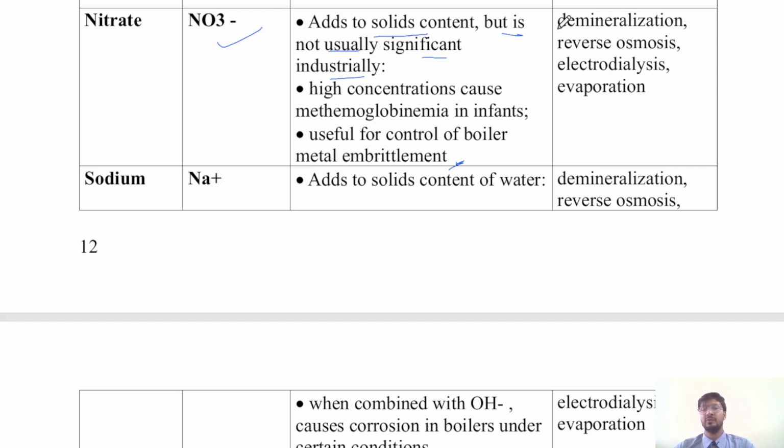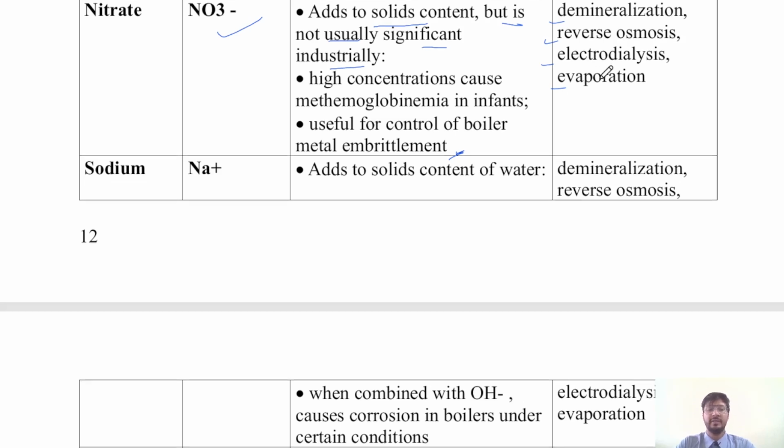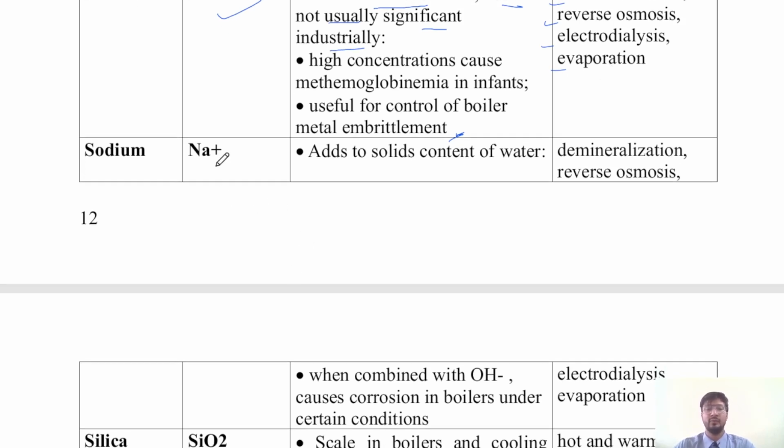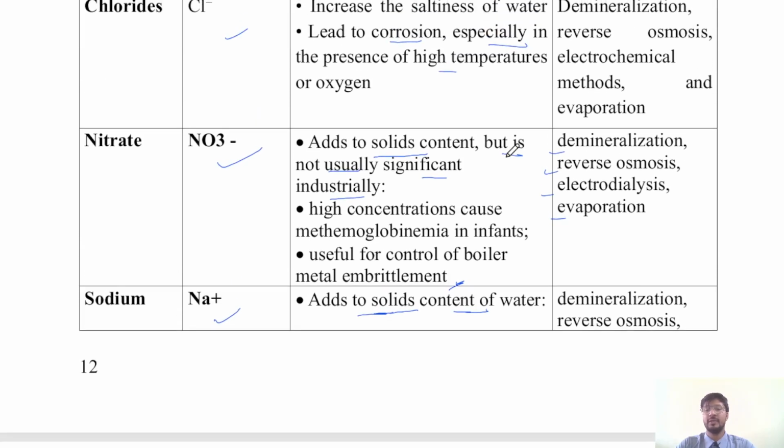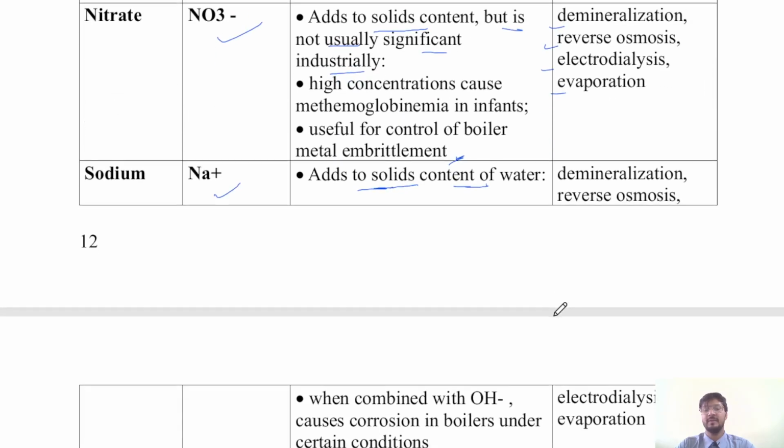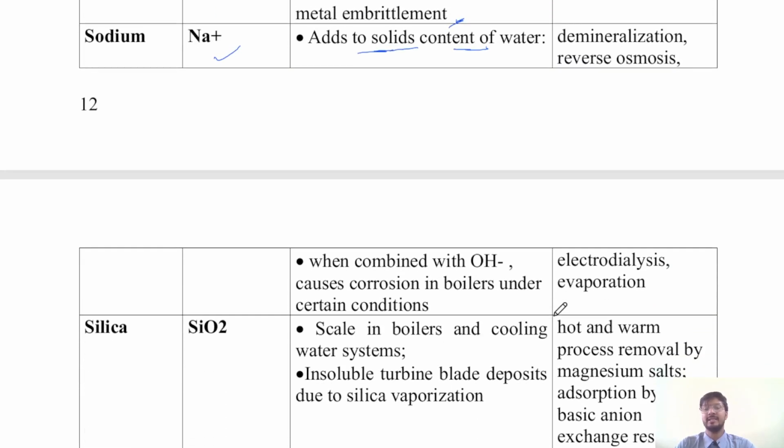It can be removed through demineralization, reverse osmosis, electrodialysis, and evaporation. And another is sodium. The formula is Na plus. Sodium adds to the solid content of water. It can be removed through demineralization, reverse osmosis, electrodialysis, and evaporation.